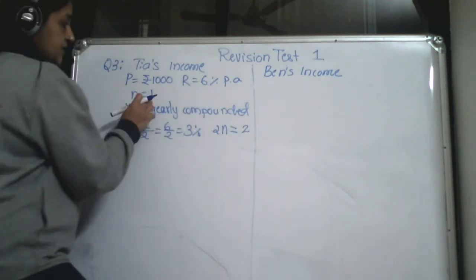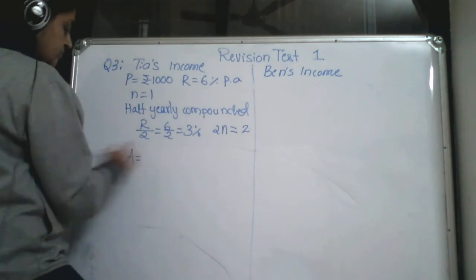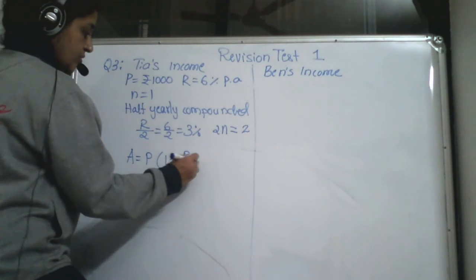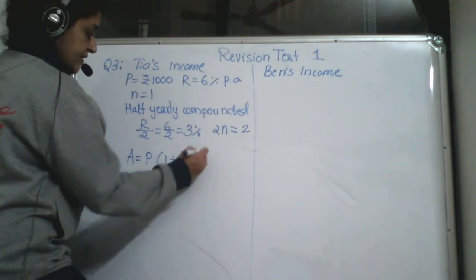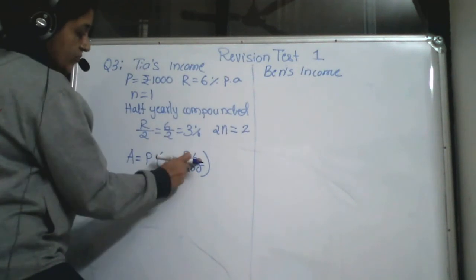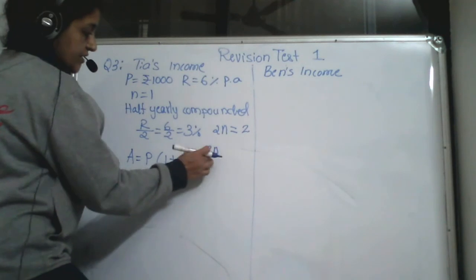N is 1, so 2 into 1 is 2. Now A is equal to P into bracket 1 plus r upon 2 whole divided by 100. Why, ma'am? Because it is for half yearly, so r upon 2 is to be there in place of r, and in place of n it should be 2n.